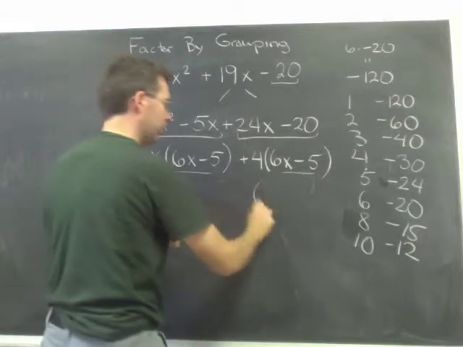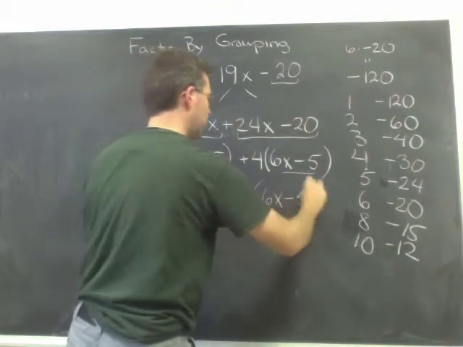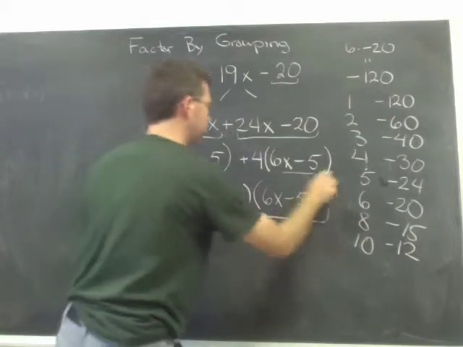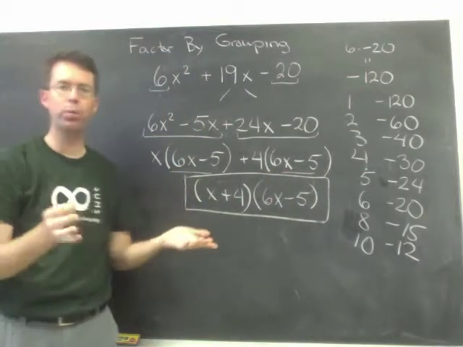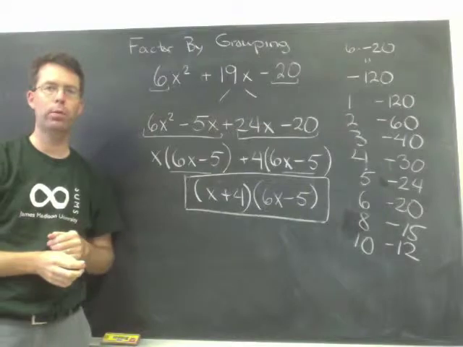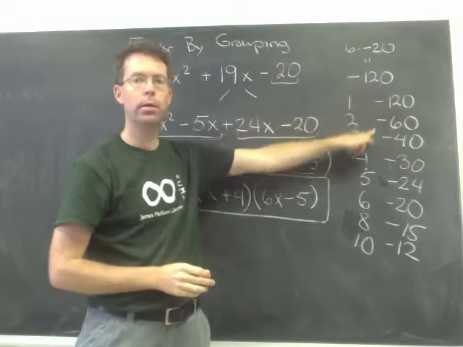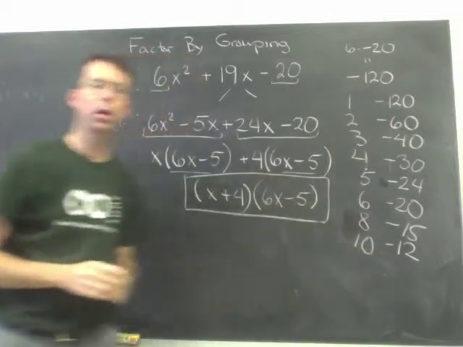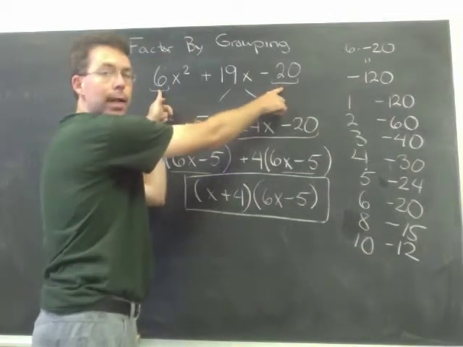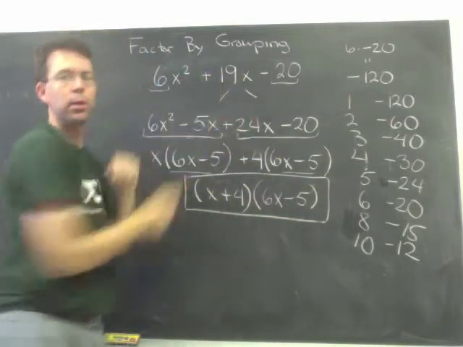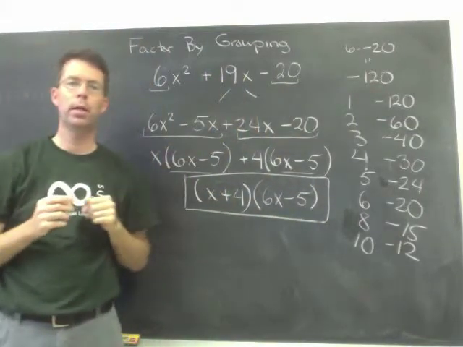I can break it out. 6x minus 5 times x plus 4. And so I've used grouping again to help me factor that quadratic. All it requires is that you know how to find the integer factors of the product of the first and the last terms in the quadratic, and then look for the terms that add to your x term.